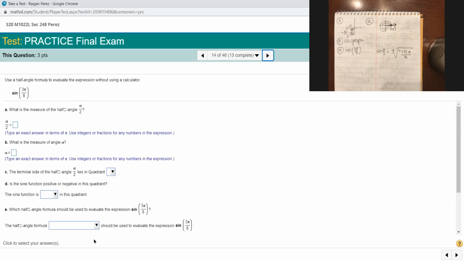So what is the measure of the half angle? So this is the half angle, the problem. Let me give you a second to think about it. So the half angle is 3 pi over 8.